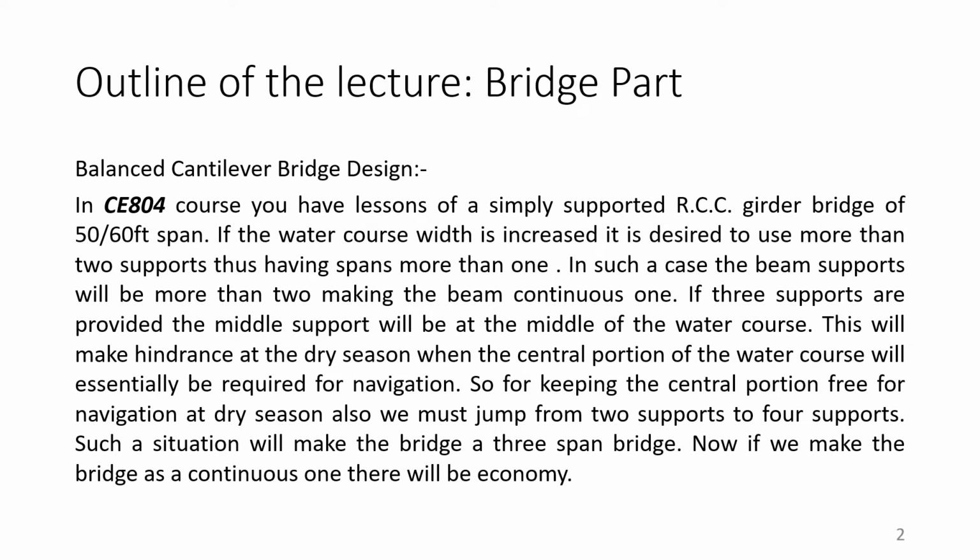Balanced means the middle portion will not be similar to the other spans. Normally, the middle span will be bigger than the side spans for navigation purposes, and there is a ratio, a relation between the middle span and the side span.